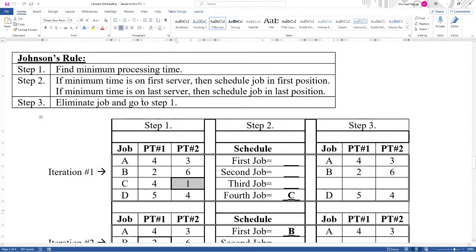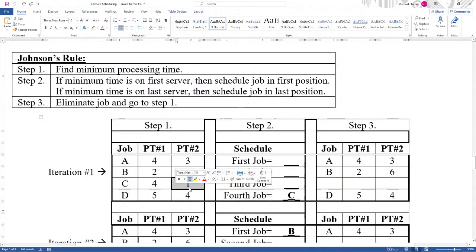Step 2 says, if the minimum time is on the first server, then schedule the job in the first position. If the minimum time is on the last server, schedule the job in the last position. So notice this minimum time is on server 2 here. It's in the last server. Therefore, schedule C in the last available position, which is the 4th job.